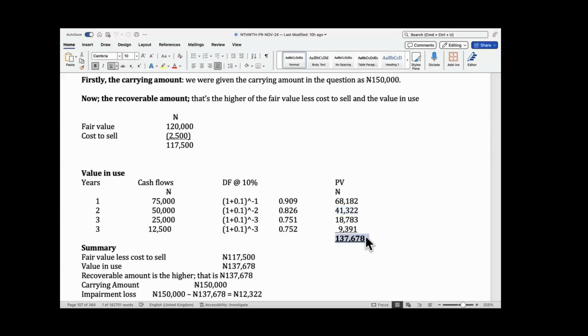Comparing this 137,678 with the net realizable value of 117,500, the higher is the value in use. That means my value in use is my recoverable amount.